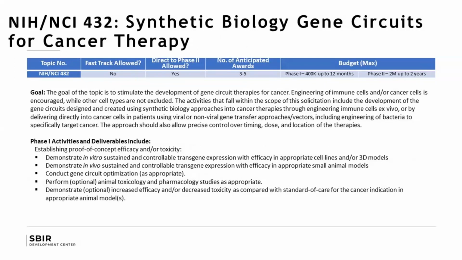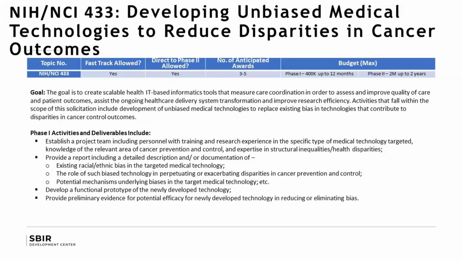Topic 432, synthetic biology gene circuits for cancer therapy. This topic is a reissue from last year. The goal here is to develop gene circuit therapies for cancer by engineering immune cells or cancer cells or both. Next topic is 433, developing unbiased medical technologies to reduce disparities in cancer outcomes.